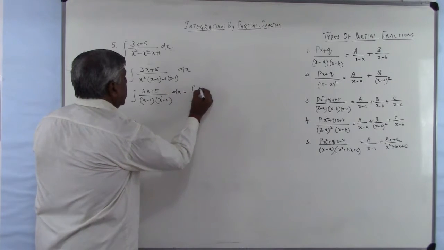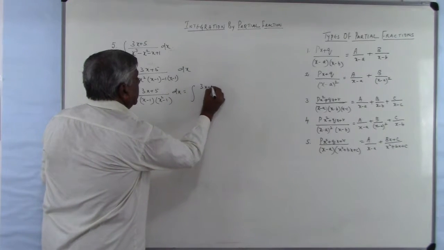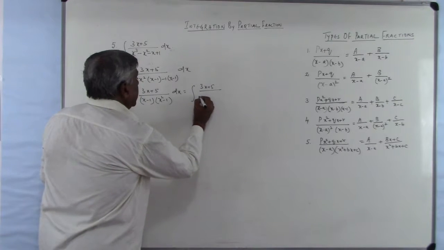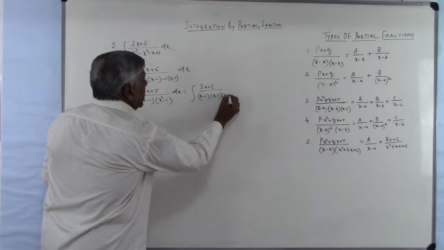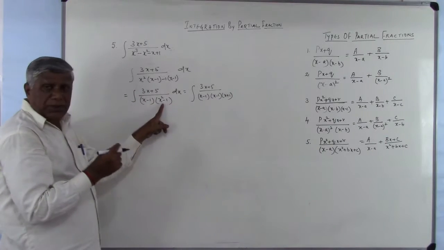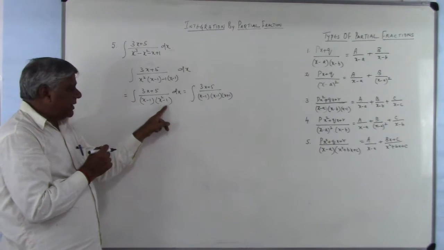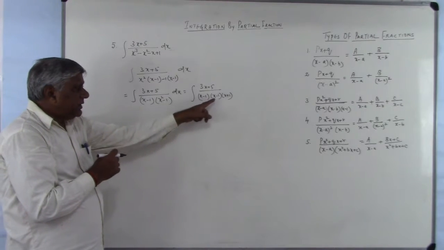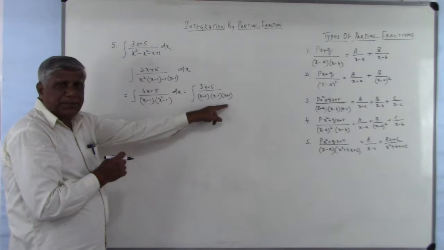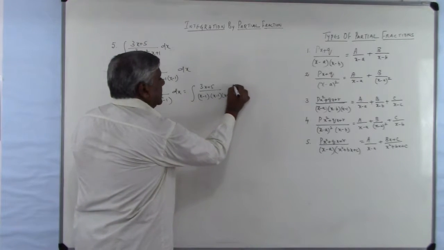This is equal to integral 3x plus 5 divided by x minus 1 into x minus 1 into x plus 1, because this x square minus 1 square is nothing but a square minus b square, which is a minus b, a plus b, dx.